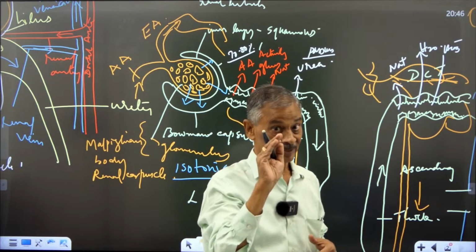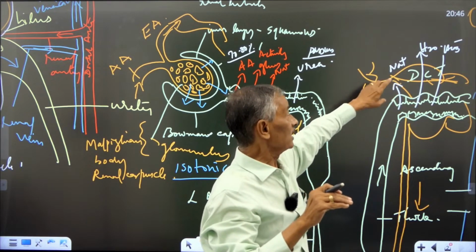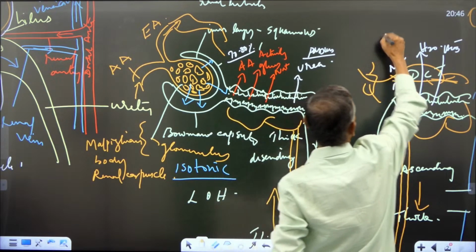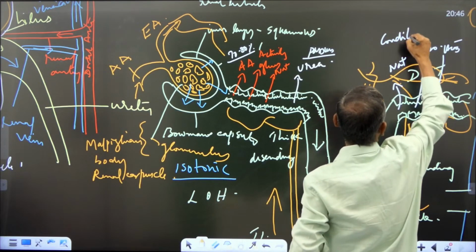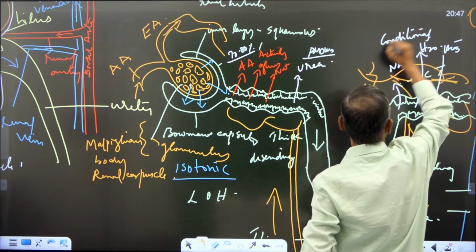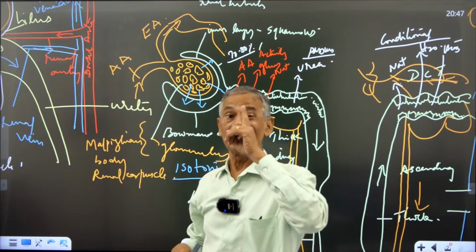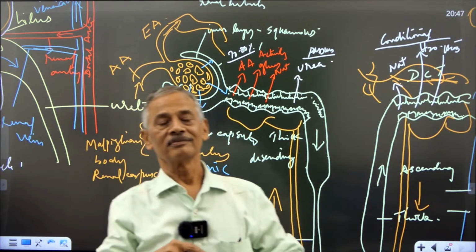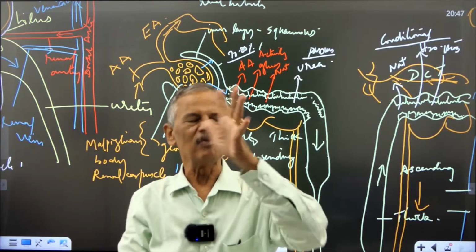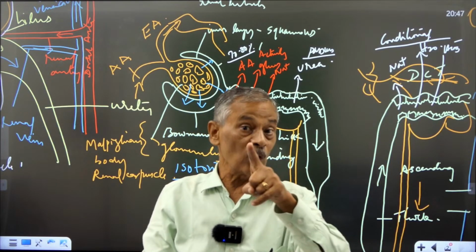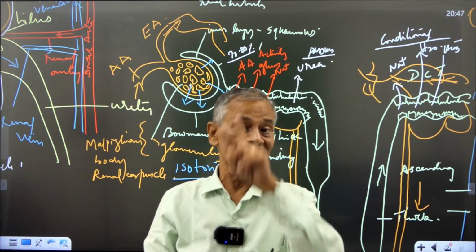But the absorption that takes place in the DCT is conditional. What is the meaning of that term? Only if they are needed by your body, they will be absorbed. Otherwise, they will not be absorbed. So, absorption taking place in the DCT is conditional.